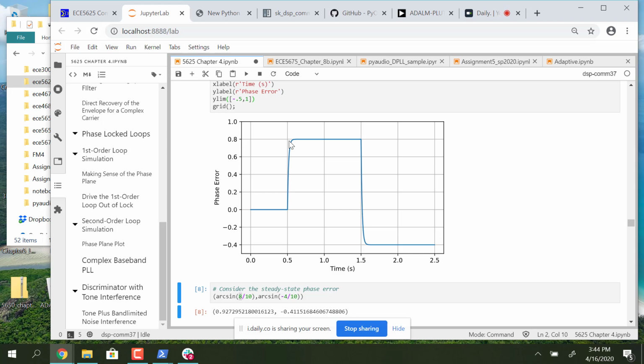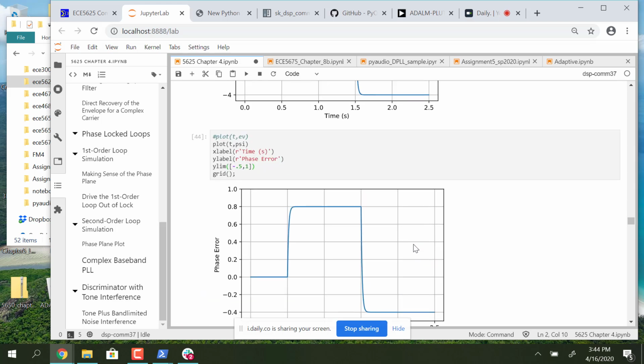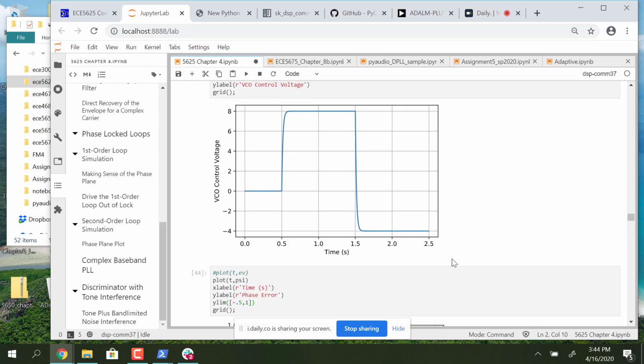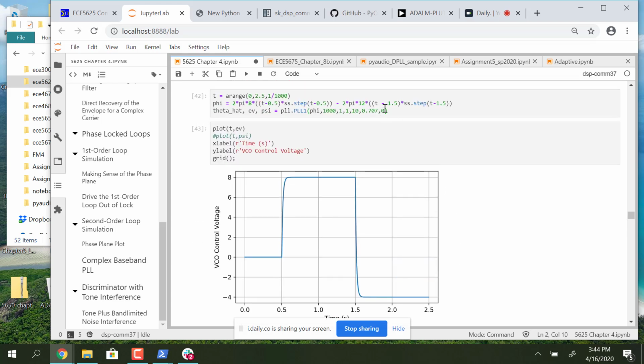Fn for the loop is 10, so it's 10 times 0.8 to make 8 over at the control voltage side of the loop, and then minus 4 for the control voltage. So we're getting different values only because we have the nonlinearity present in the loop, the real phase detector.